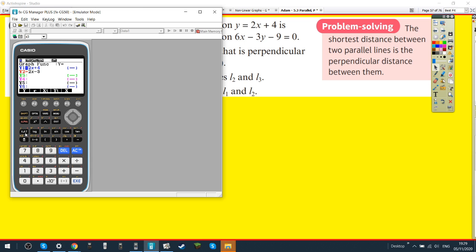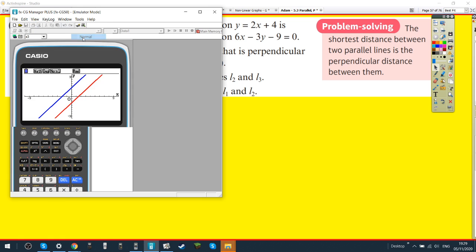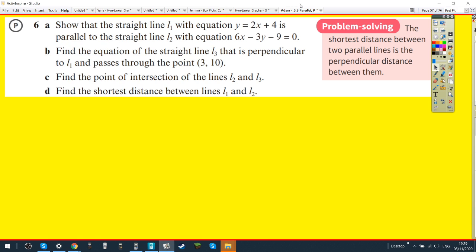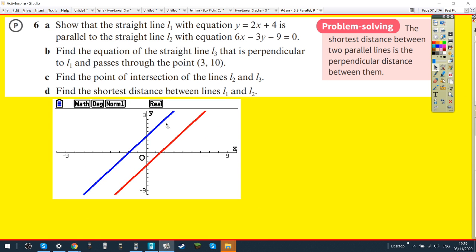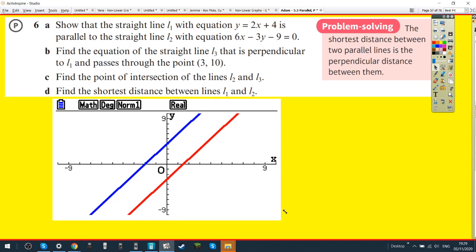I'm just dividing everything by 3 and bringing y over. Yeah. Okay, so they're parallel. We have to find the perpendicular distance. How can we find the perpendicular distance between these two lines?